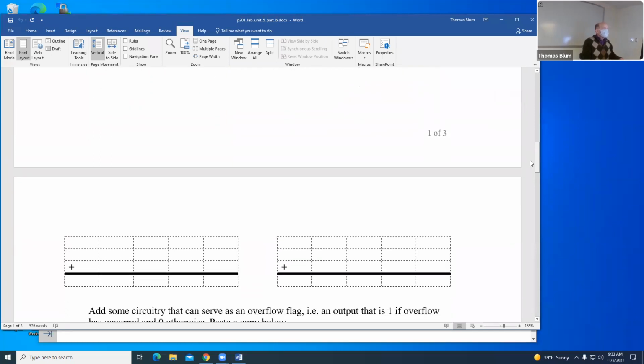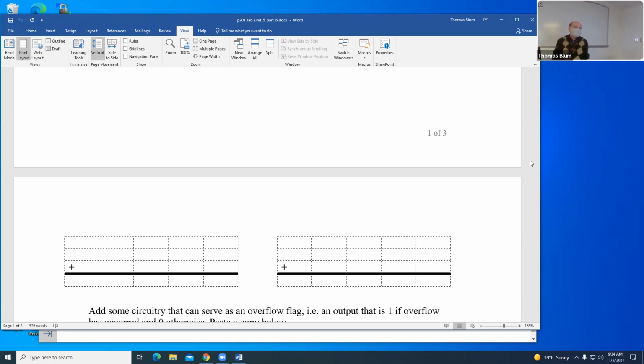We have some range of numbers. We're dealing with 4-bit numbers. And for 4-bit numbers, there is 2 to the 4th or 16 possibilities. And since we're building an adder subtractor by including subtraction as an operation, that implies we're also dealing with negative numbers.